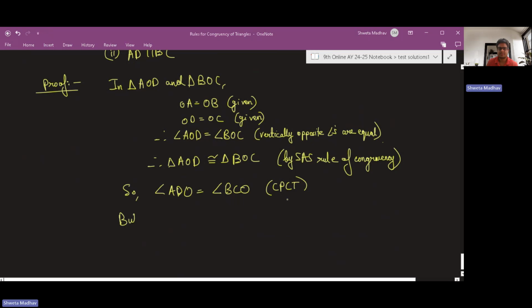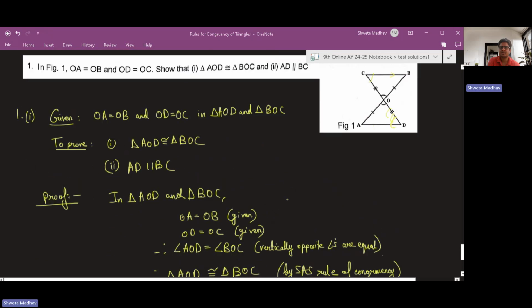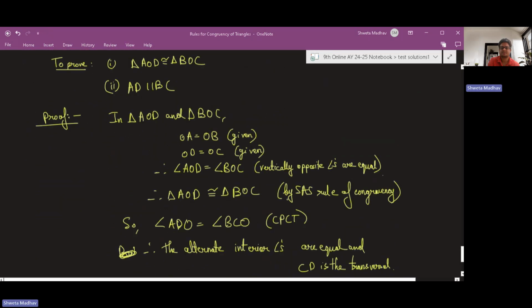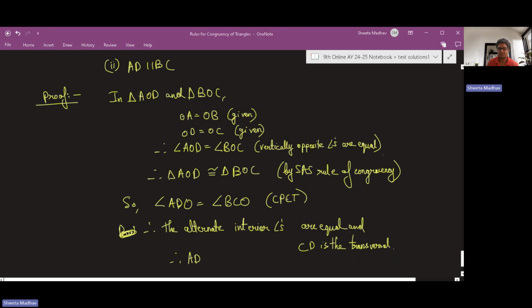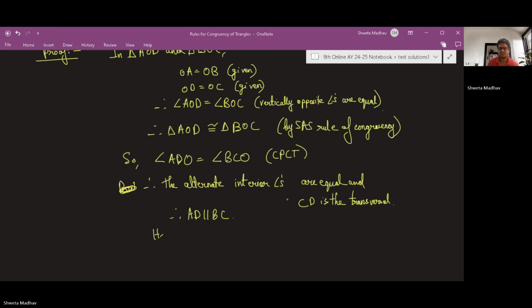Therefore I can say the alternate interior angles are equal, and CD is the transversal. So therefore AD is parallel to BC. Hence proved.